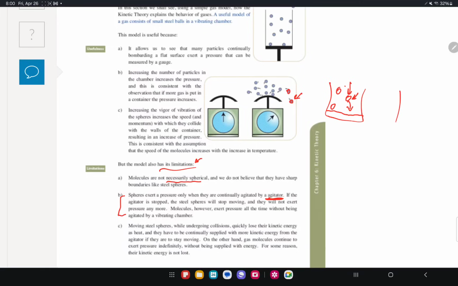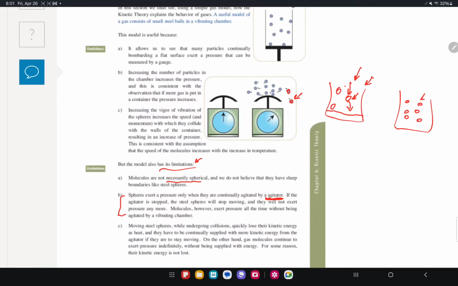Why is this bad? If I have a gas container filled with gas molecules, they will move without me doing anything. They have random movement. They move without any agitator, without any external force. So that's one of the limitations of the gas model with the spheres, because you're going to need an external force, an agitator, to push it.